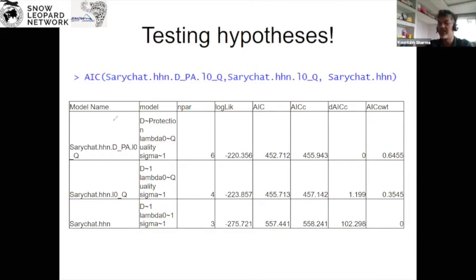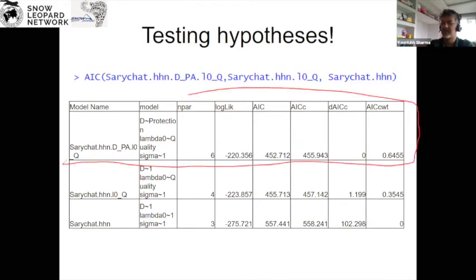And when you create the AIC table, we ended up with a model which has almost 65% chance of being a better explanation of the data as opposed to the one which only considers lambda 0 as a function of quality. I should have listed another fourth model, and it would have been somewhere in between.